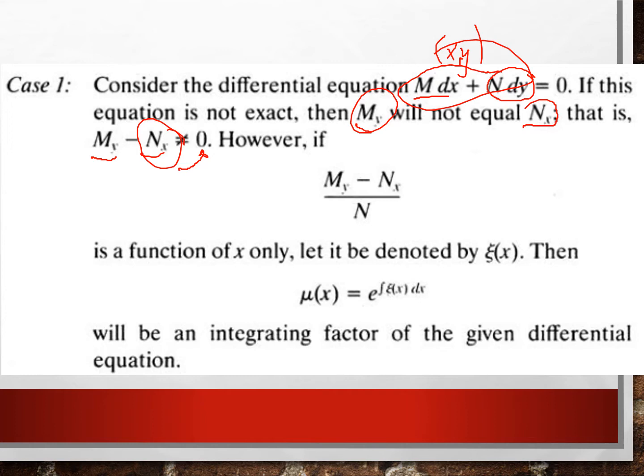However, we have M sub y minus N sub x, and when we divide that by N, if the result is a function of x only, let it be denoted by epsilon(x). Then mu(x) equals e to the integral of epsilon(x) dx will be the integrating factor of the given differential equation.